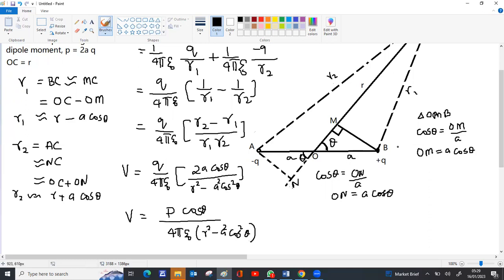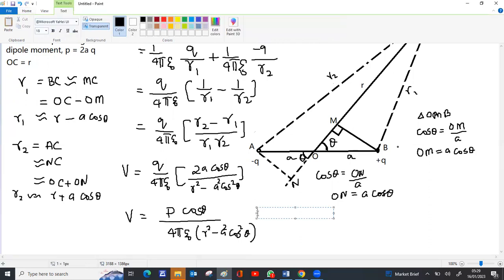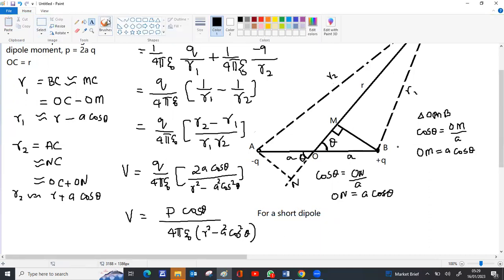And for a short dipole, this a will be very, very small, fractional values. So you can neglect a square compared to r square. For a short dipole, the a square part will be very, very small compared to r square, so a square can be neglected.